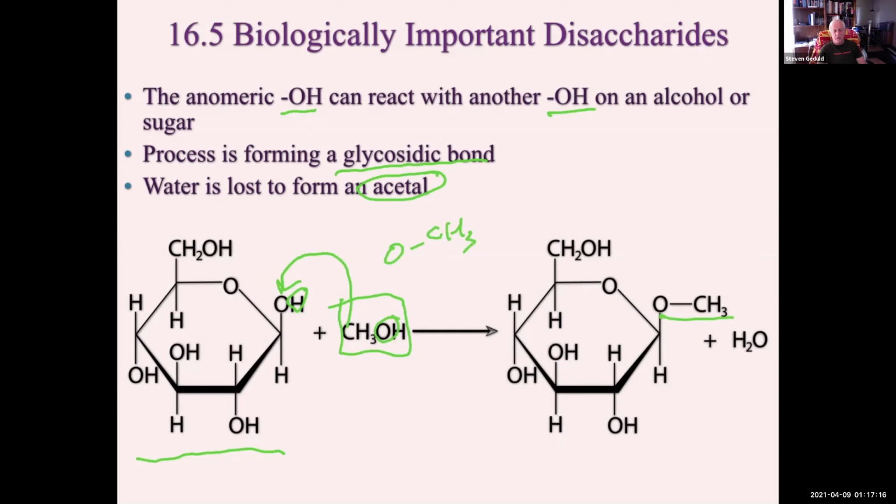Okay. So we replace our hydrogen with a methyl group. That's how we bond the saccharide. This is a monosaccharide with an alcohol. Okay. And it forms an acetal group.